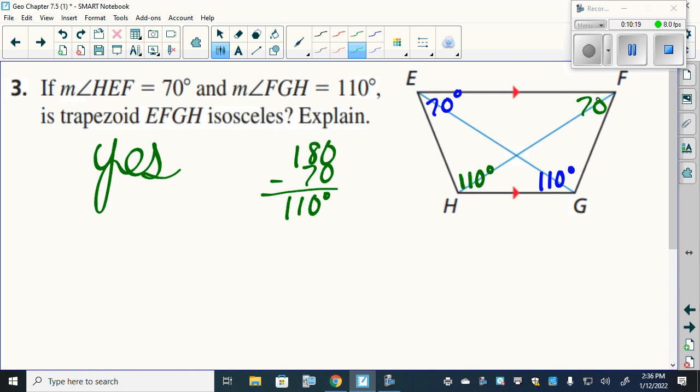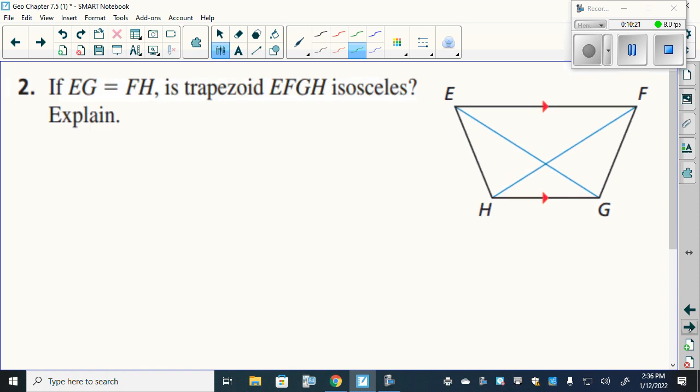We ready for the next one? Okay. This here tells us that EG is congruent to FH. Is this enough information to say that the trapezoid is isosceles? Because what was the third theorem that we had?